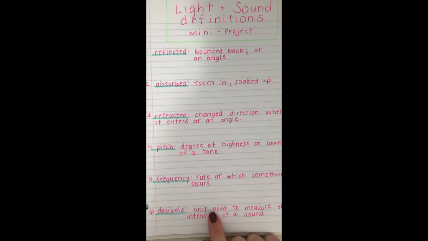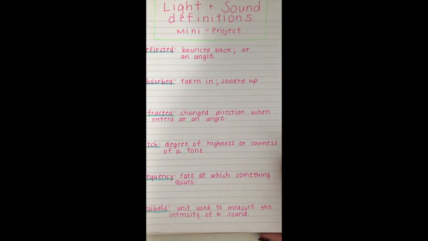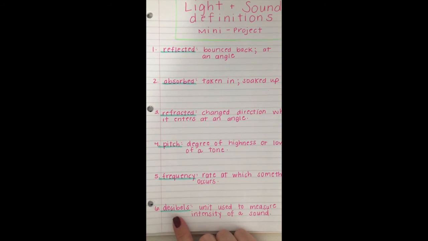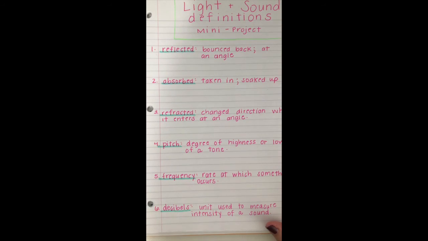This is the unit, so the way we measure. Unit used to measure the intensity of a sound. And we will be learning about what causes low decibels and what has high decibels, and how we have different examples of each to better understand.